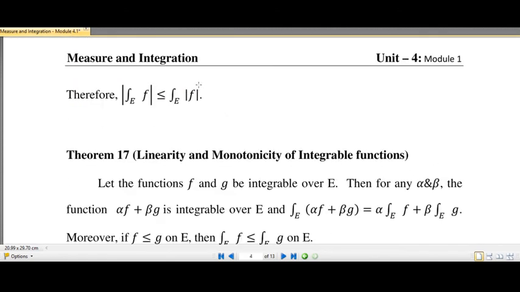Therefore we get that modulus of the integral of f over E is less than or equal to the integral of modulus of f over E. Okay, thank you.